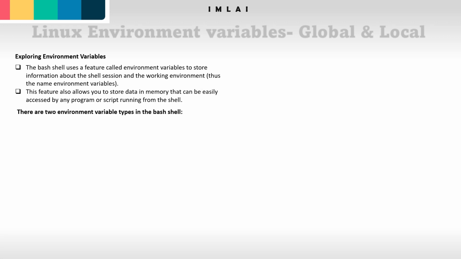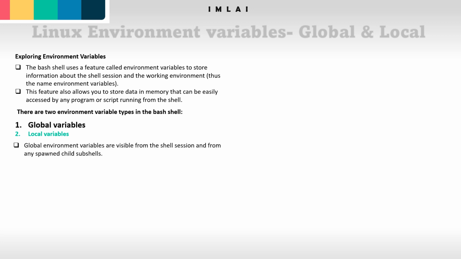Now there are two environment variable types in the bash shell. One is global variables and the second one is local variables. Initially, let's look at the global environment variables first. Global environment variables are visible from the shell session and from any spawned child subshells.